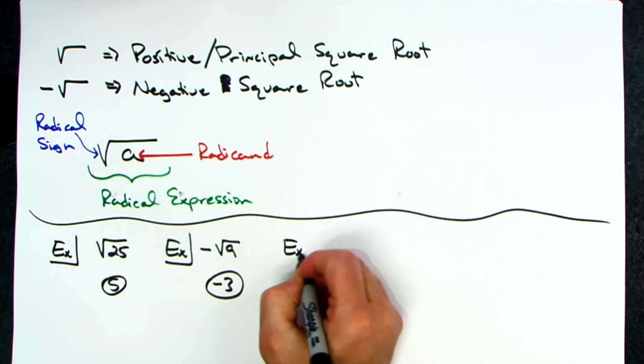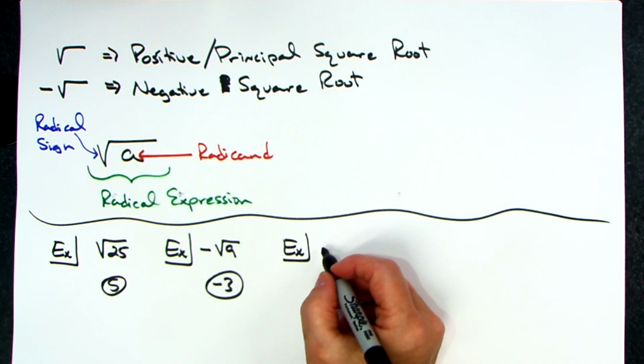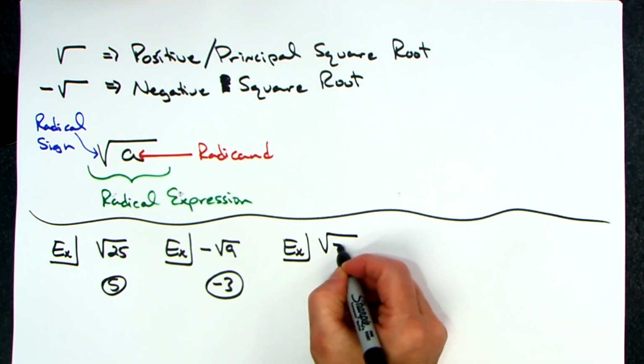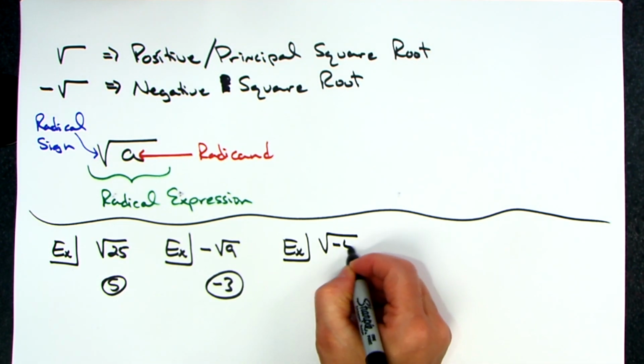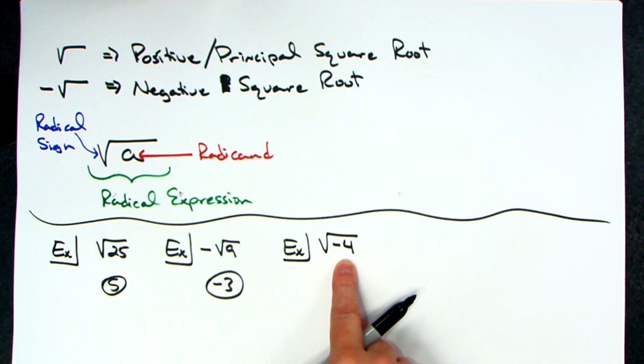Now, in this first section, if you see a negative underneath, like say negative 4, in this book, at this point, imaginary numbers have not been taught. Now, we all know imaginary numbers. You did them in Algebra 2 in high school, so everybody in the room can probably tell me the square root of negative 4 is 2i.